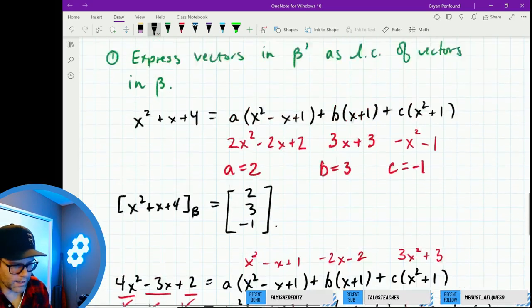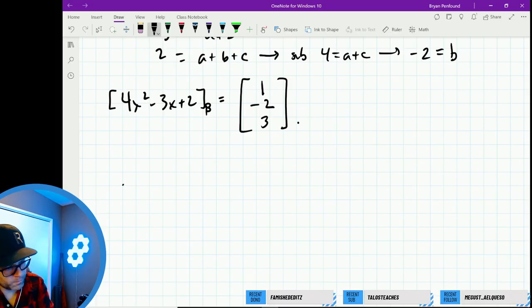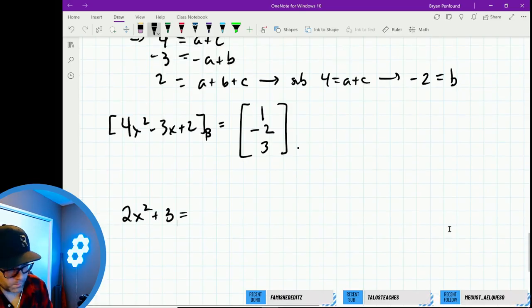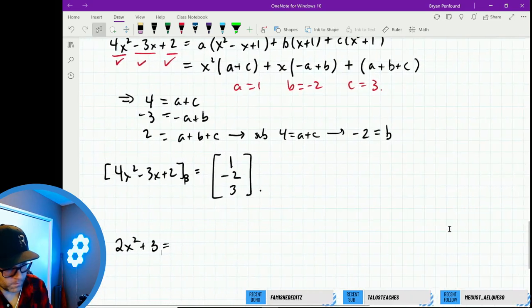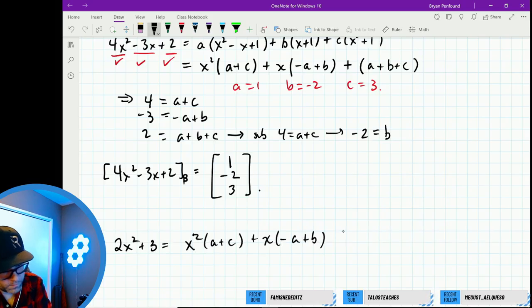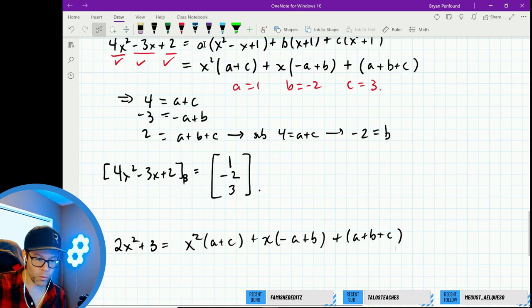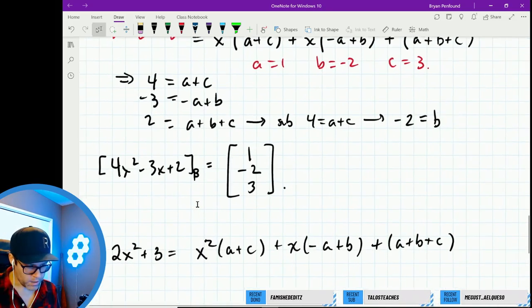All right, let's do the last one: 2x squared plus 3. In this case, I'll take the expanded form, which we expanded so that we could compare coefficients.